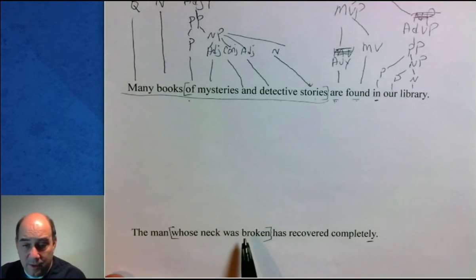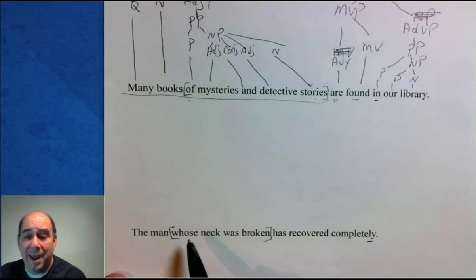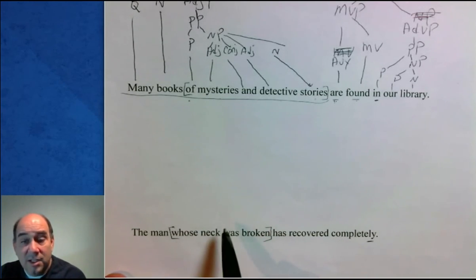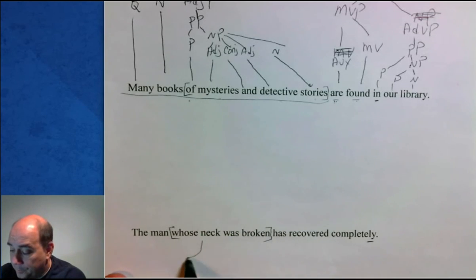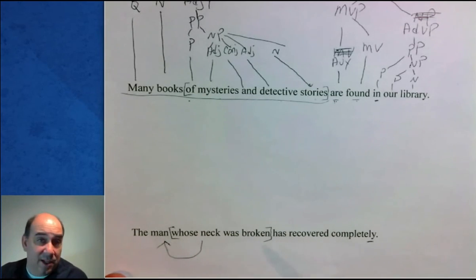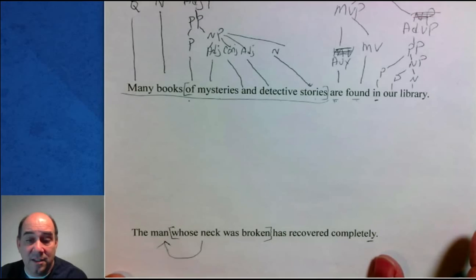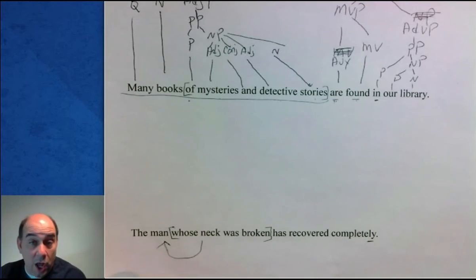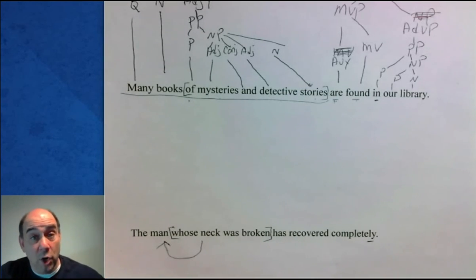Which man? Well, the man whose neck was broken. Oh, that man. So this thing describes the man. Since it's describing a noun, it is an adjective, but it's a clause because it has a subject and a verb.